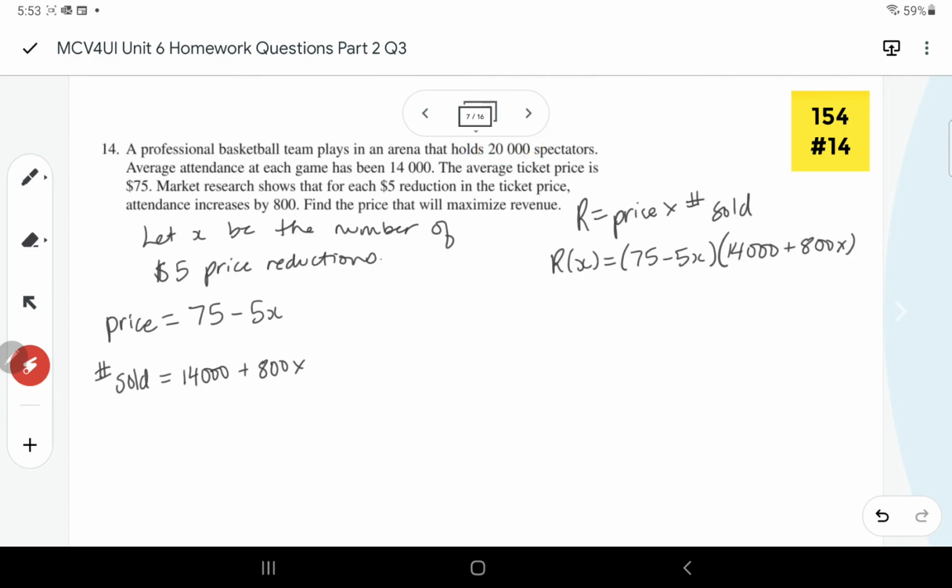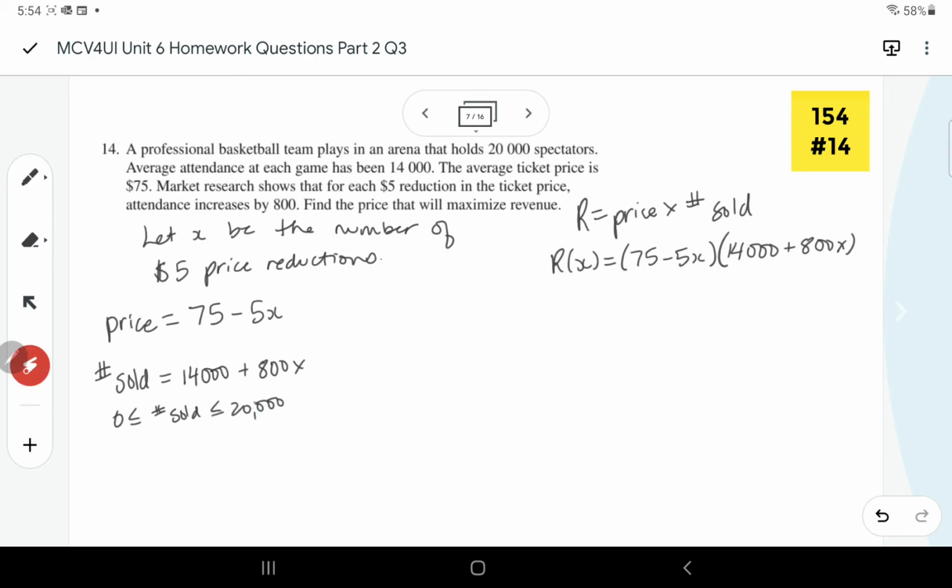I know that the number of tickets can be between 0 and 20,000, but that doesn't tell me my restrictions on my variable x. So I'm going to say that 0 is less than or equal to the number of tickets sold is less than or equal to 20,000.